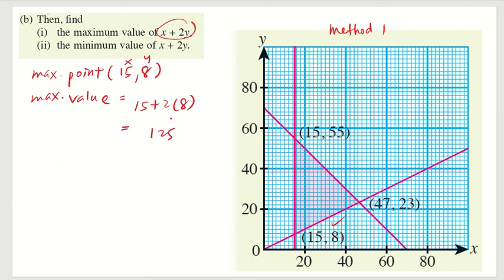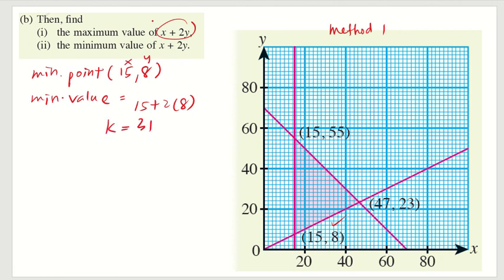Sorry, this is not the maximum, this is the minimum. Minimum value, so the minimum value is not 125, sorry, it is 31. Okay, so k equals 31.